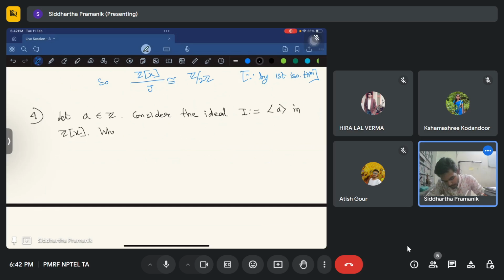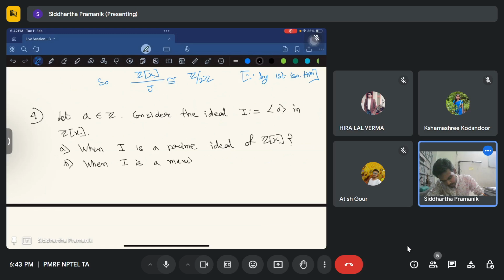Let me define it as two problems. The first problem is when I is a prime ideal of Z[x]. And the second one is when I is a maximal ideal of Z[x].